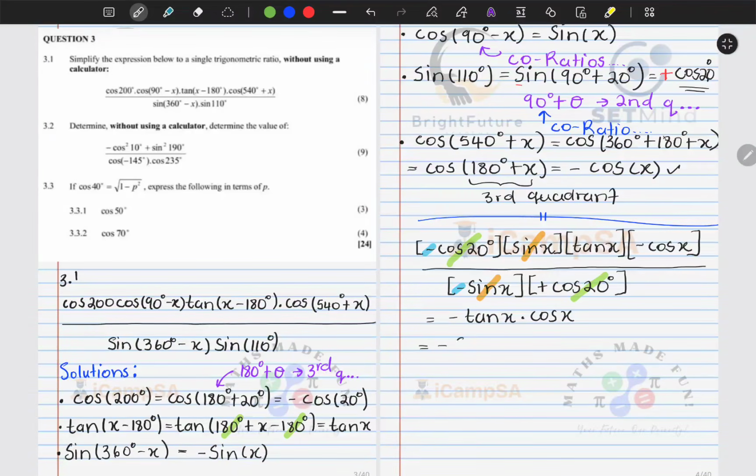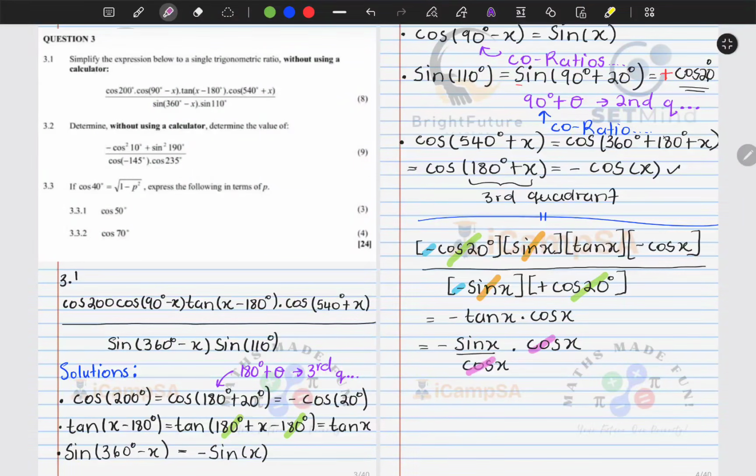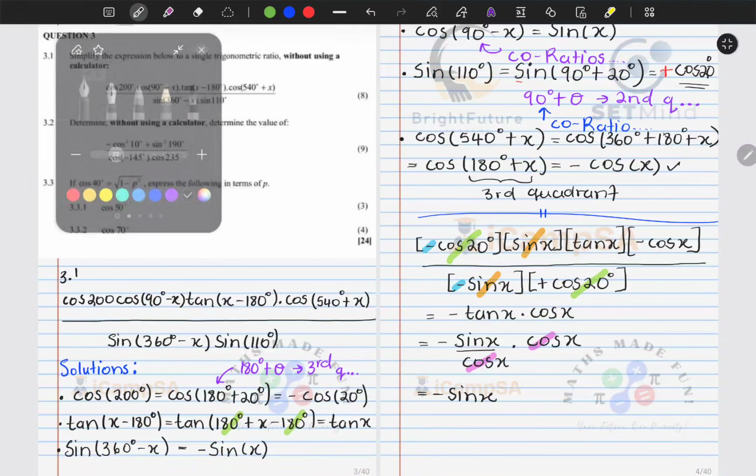And we know that tan is the same as sine divided by cos. Then you are multiplying by that cos x, and there's going to be nice cancellation even on this one. So this will cancel with that, leaving our answer to be minus sine x.